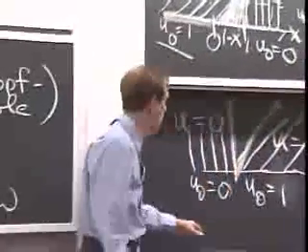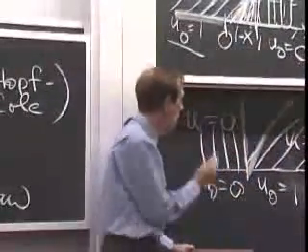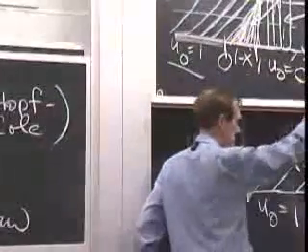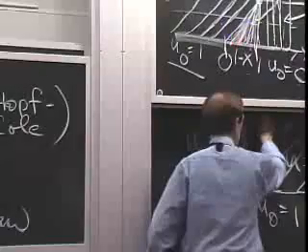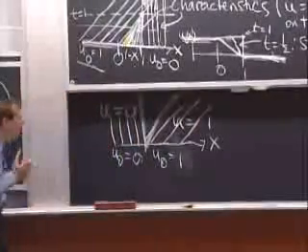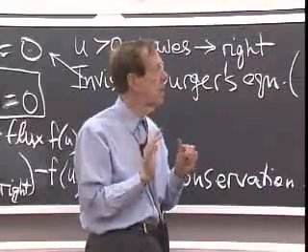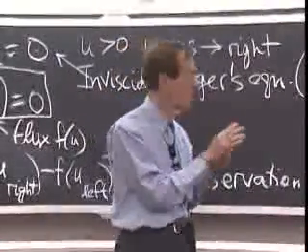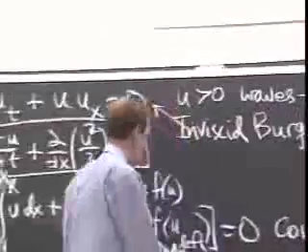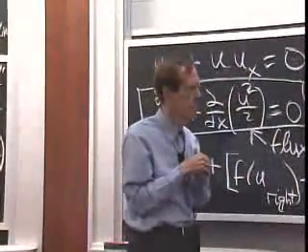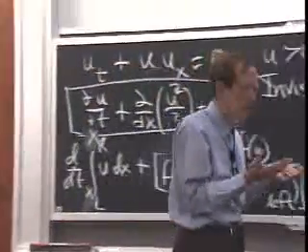And the question is, what happens in here? Well, you might think a shock, a step up from 0 to 1 at some point. I would have to agree that you could do that in such a way that you maintain the conservation law. But that's not what happens.